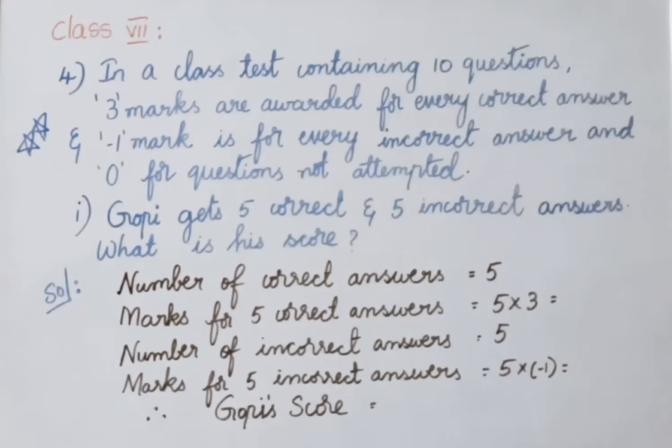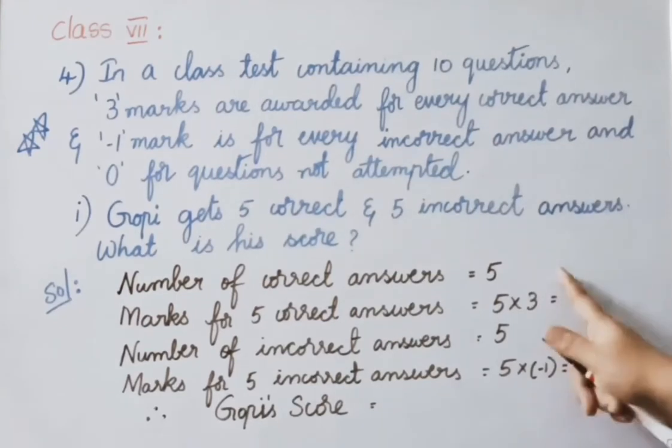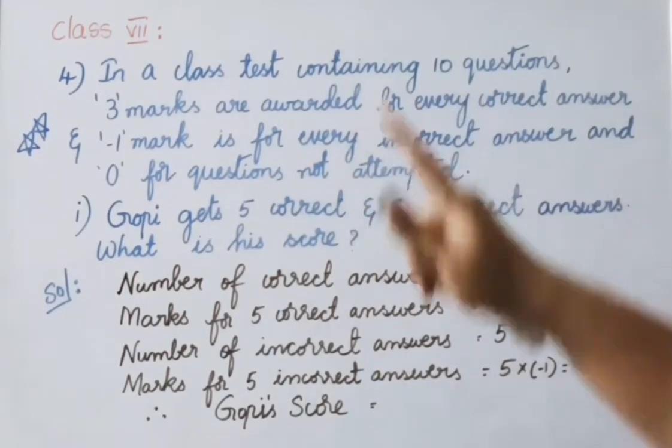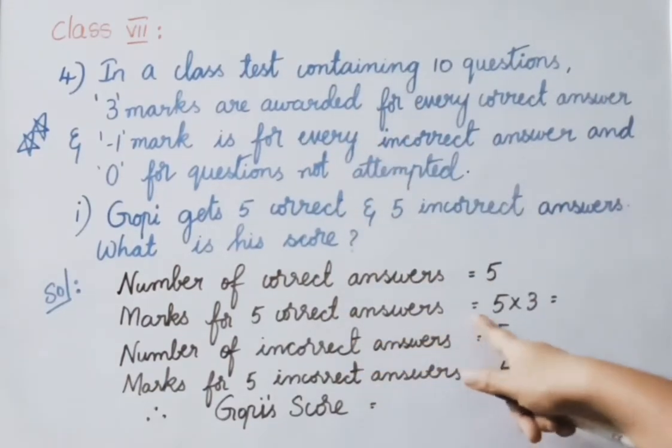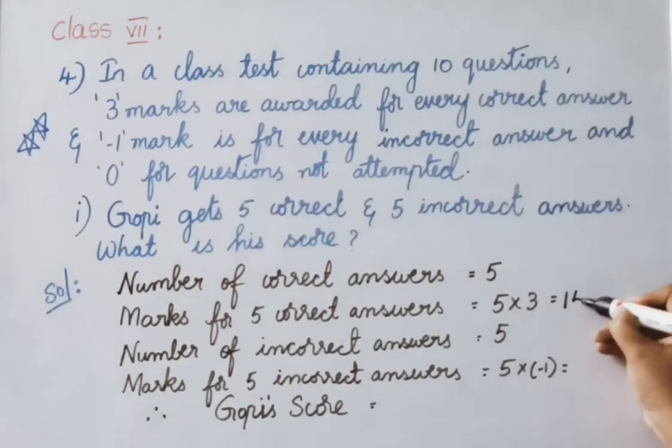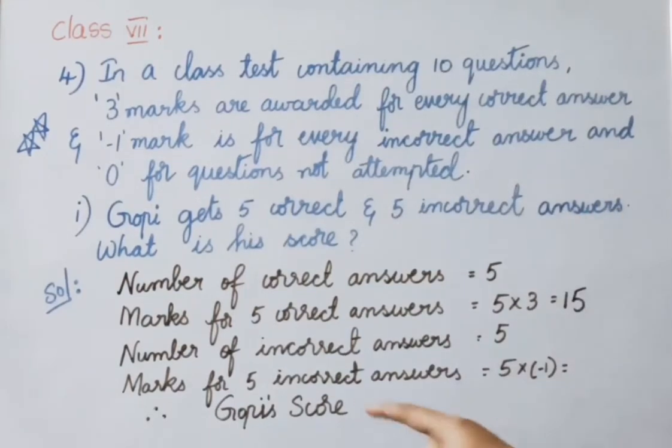Here number of correct answers he attempted 5. So correct answer, how many marks they allotted in the question? 3 marks. So marks for 5 correct answers is 5 into 3. 5 threes are how much? 15. Next, he answered 5 incorrect also. So number of incorrect answers equals 5. So marks for 5 incorrect answers.